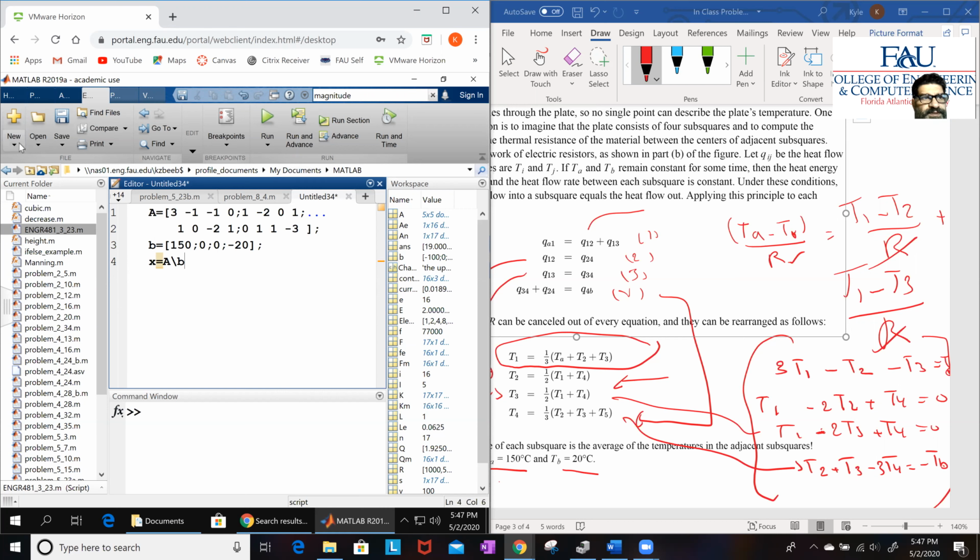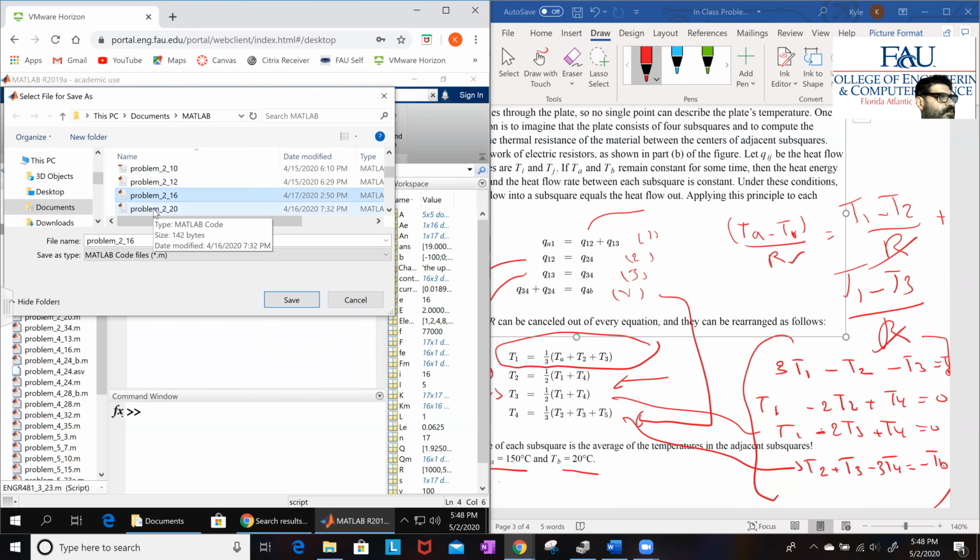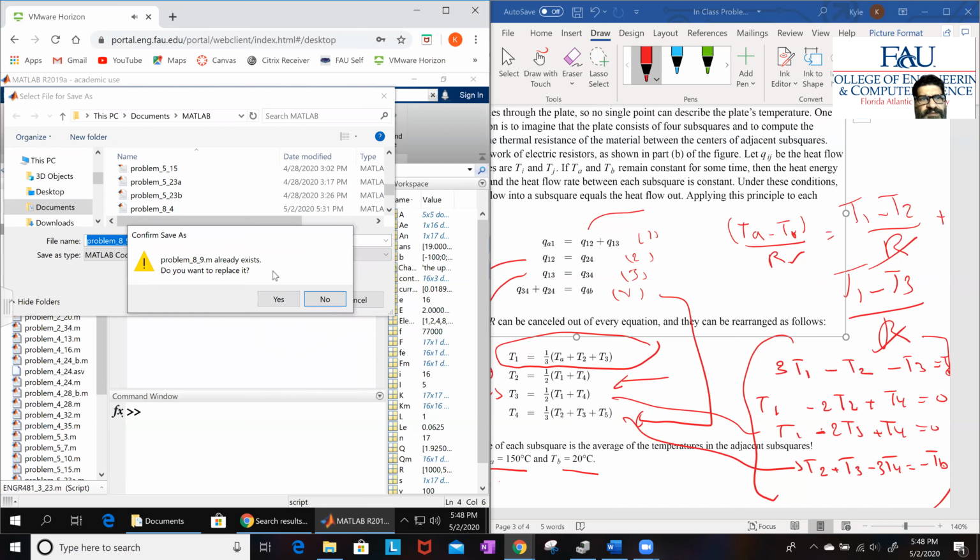Right, so let's save this one here, and call it 0.9.